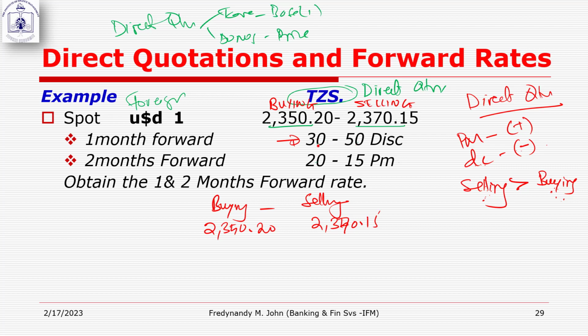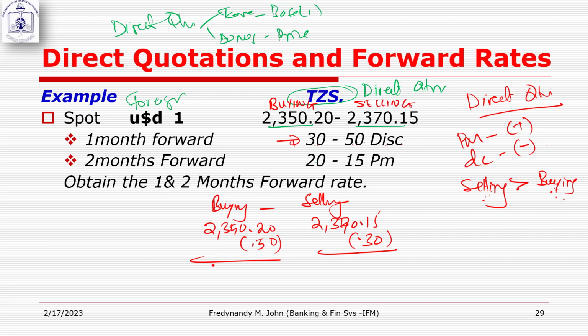Now, we're supposed to subtract the discount. However, we should keep selling higher. Therefore, 30 is lesser than 50. Therefore, subtract 50 from the buying and subtract 30 from the selling.